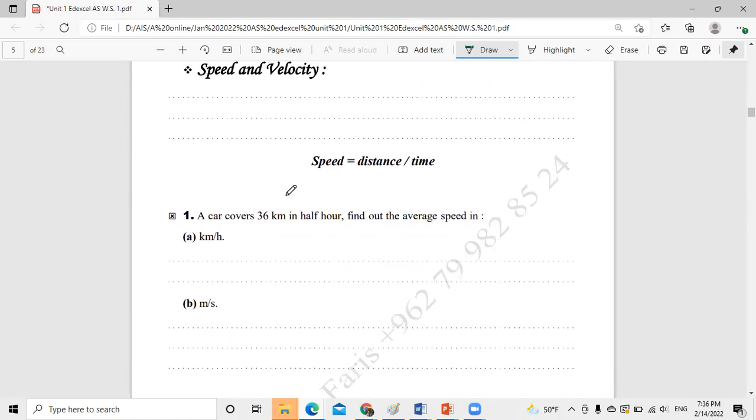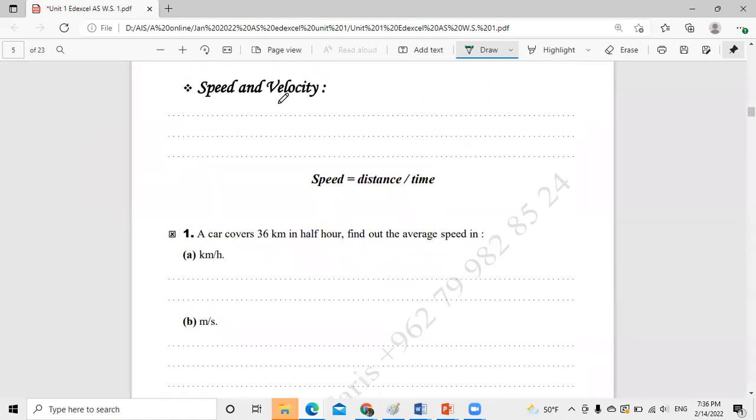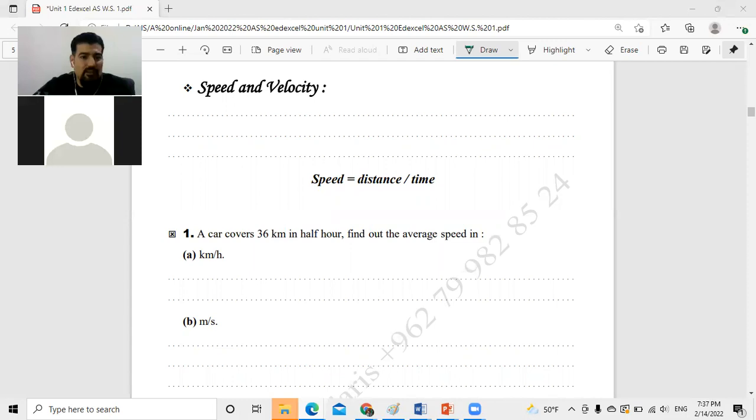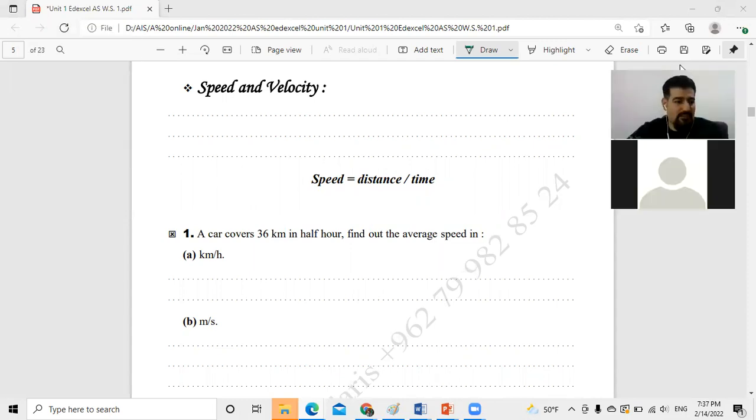Let's move on. What do we mean by speed, and what do we mean by velocity, and what's the differences between speed and velocity? Yes, who can tell me which one is a scalar and which one is vector? Speed is a scalar, thank you, while velocity is what?